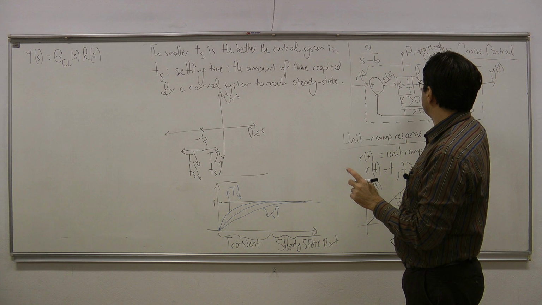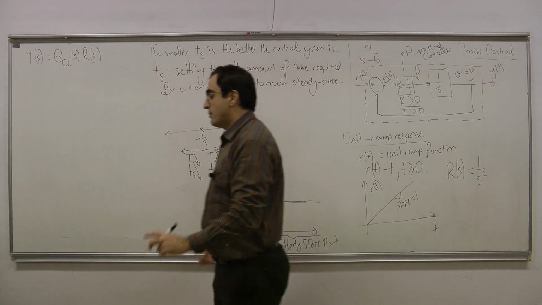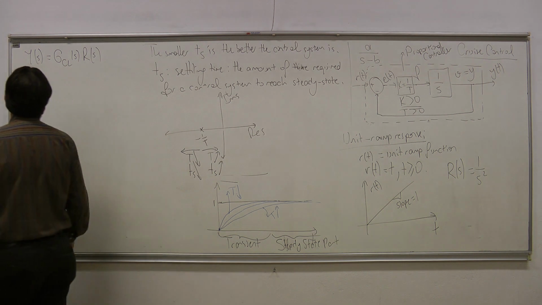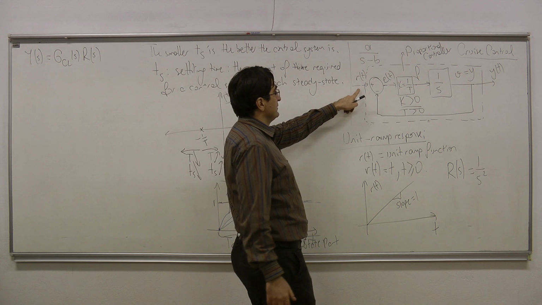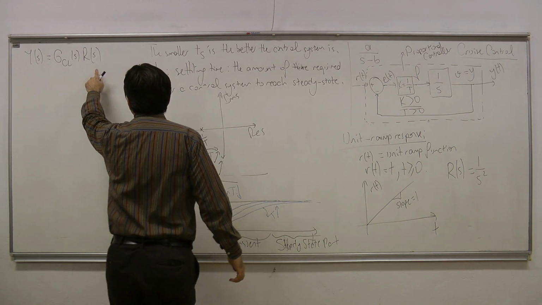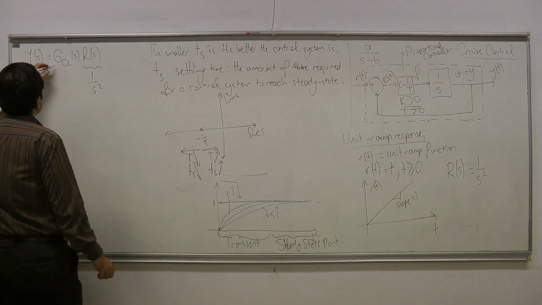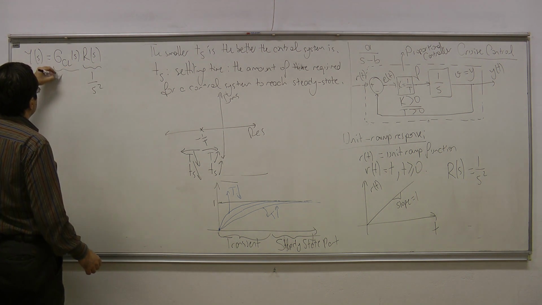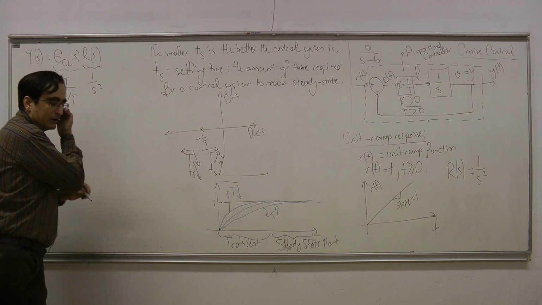When it's an open loop system, I usually call the input u of t and its Laplace transformation u of s. But here, the input of this closed loop system is the reference signal, and I'm calling it r of s. So this is 1 over s squared, and G closed loop of s is what we have already calculated, 1 over T over s plus 1 over T.